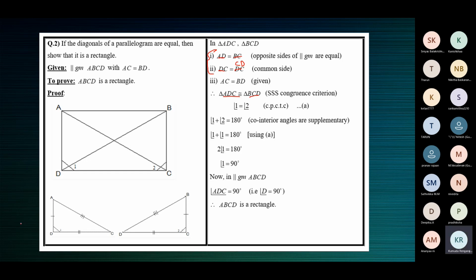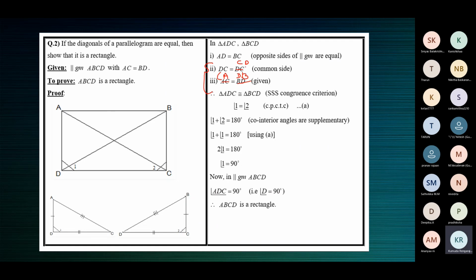If you use the other two results, you'll get a different order, but it's still correct. DC you should write as CA, and BD you write as DB, DC as CD.